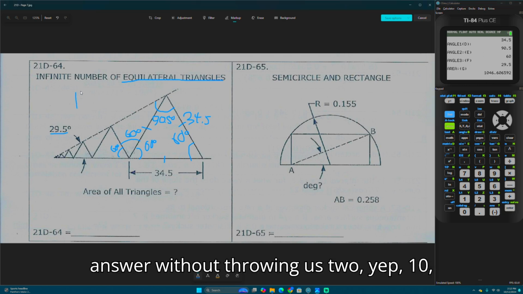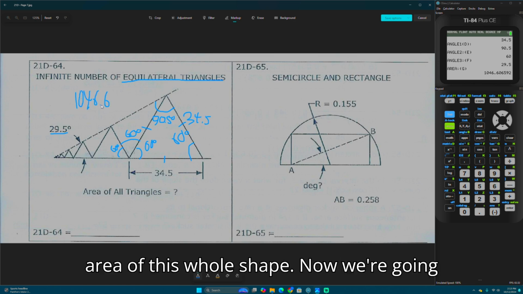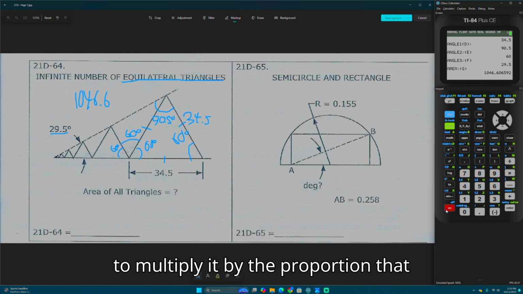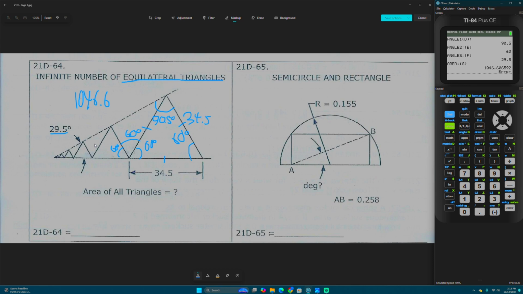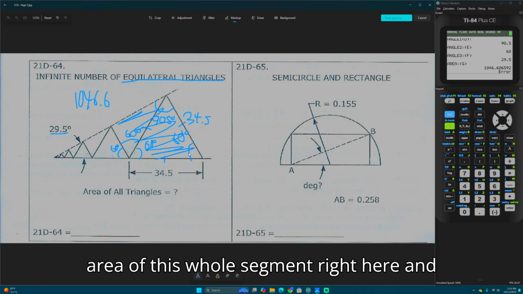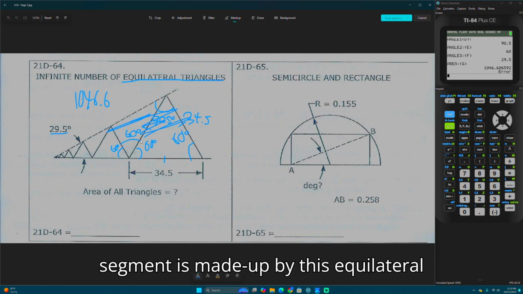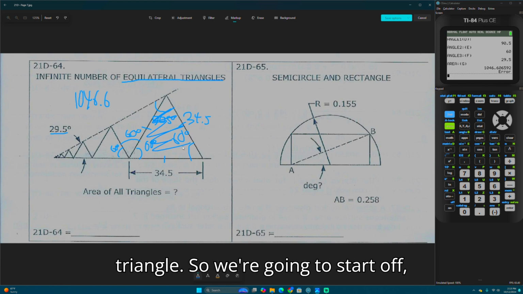Yep, 1046. That's the total area of this whole shape. Now, we're going to multiply it by the proportion that this equilateral triangle takes up. And I'm going to do that by figuring out the area of this whole segment right here, and then how much of this whole segment is made up by this equilateral triangle.